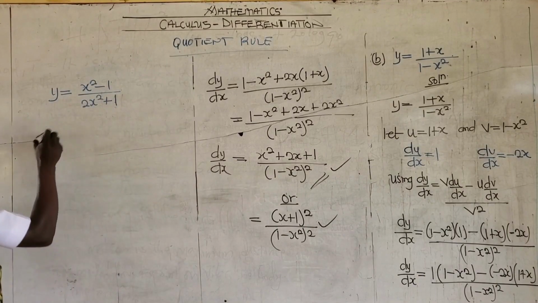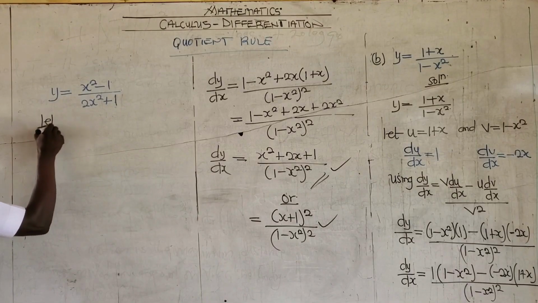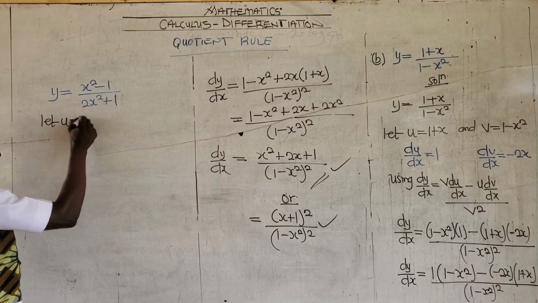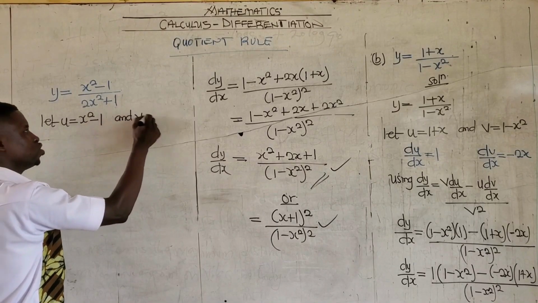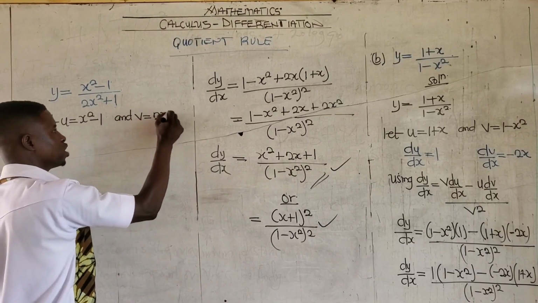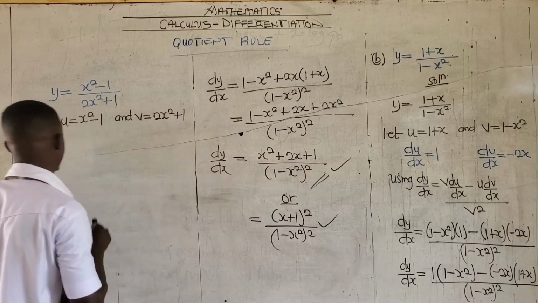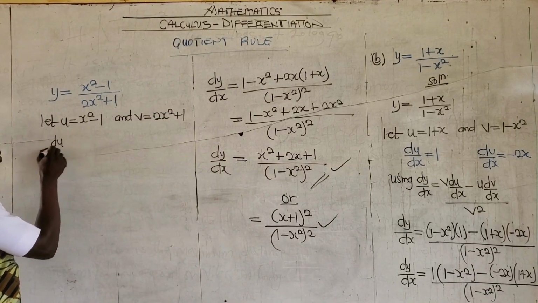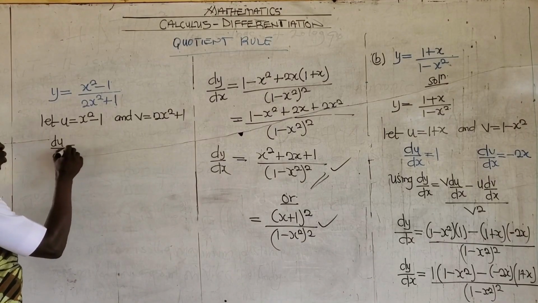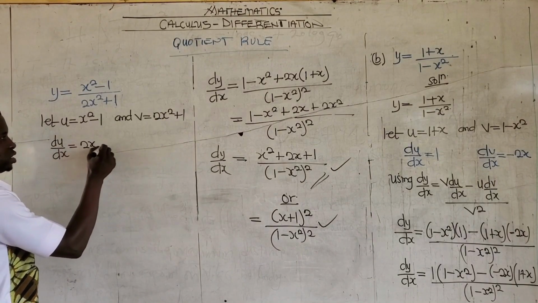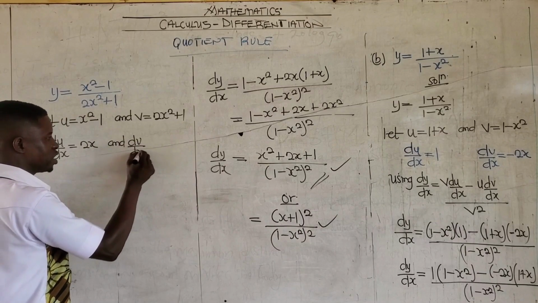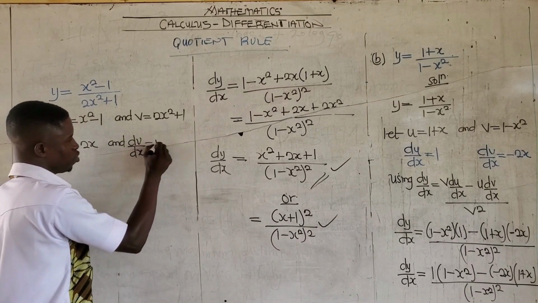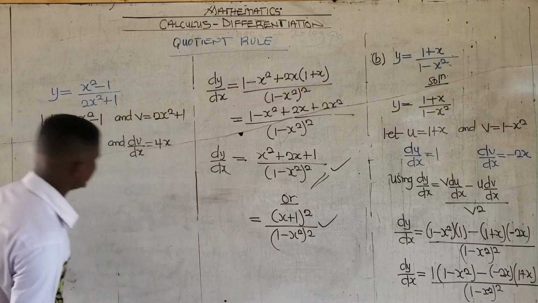So what do we do? We denote the numerator. Let u be equal to x squared minus 1 and v be equal to 2x squared plus 1. All right. So we have du over dx equal to 2x, and dv over dx is equal to 4x.